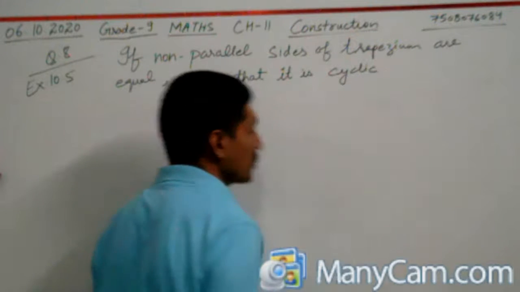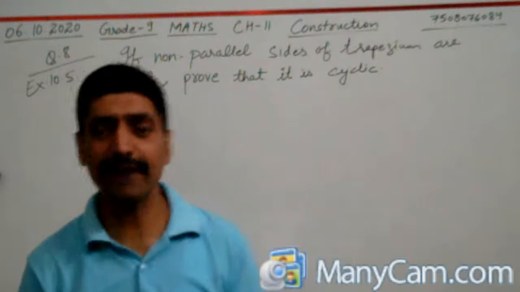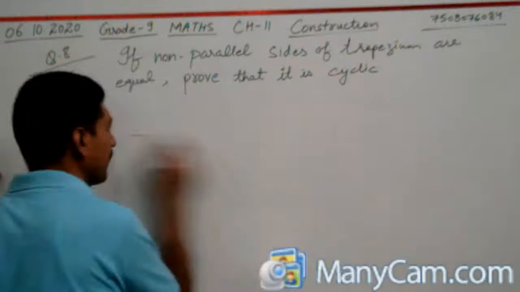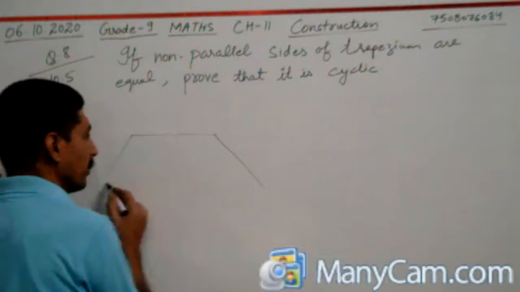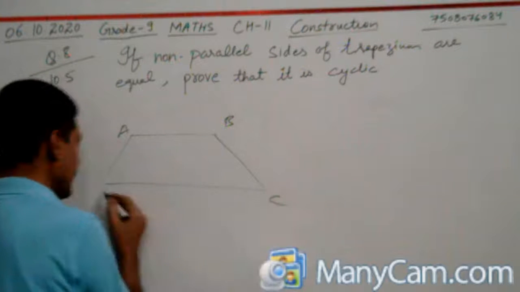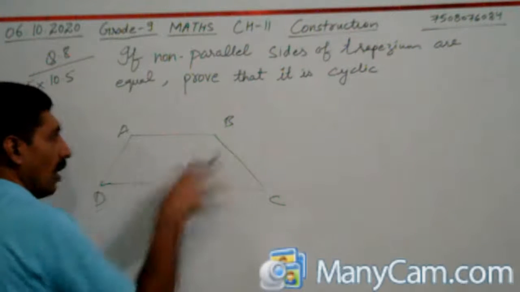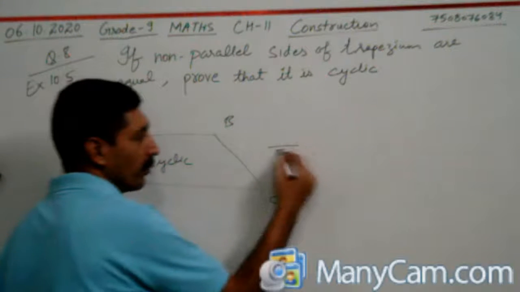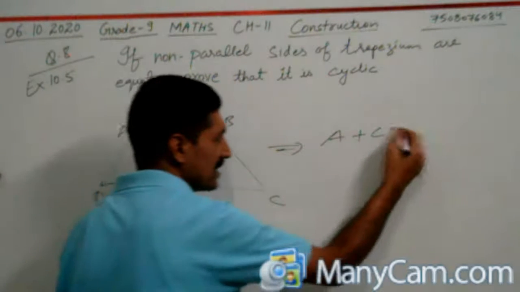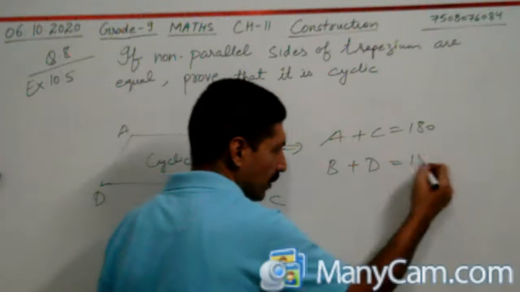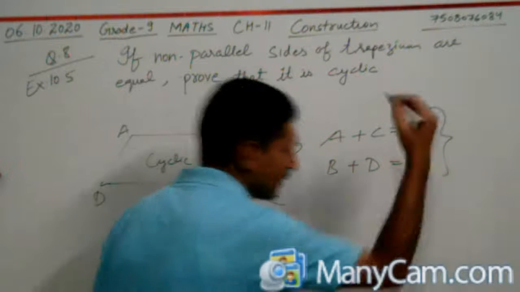Right? So to prove it's cyclic, we have to prove that for any trapezium ABCD, it is cyclic only when angle A plus C is 180, and angle B plus D is also 180, supplementary.